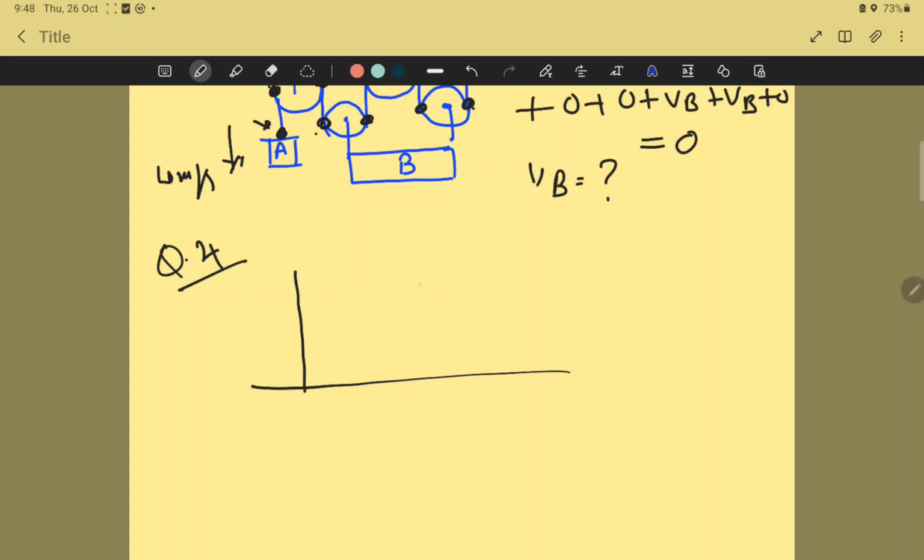This was the problem. Once again, it was asked in your paper. Some pulley were there and some block. So here we can say the block and wedge.